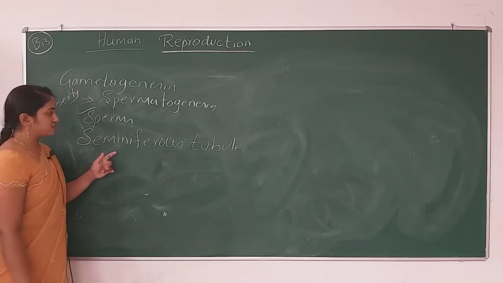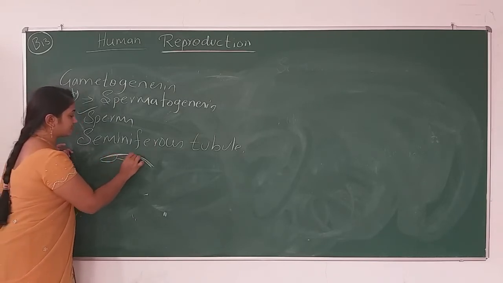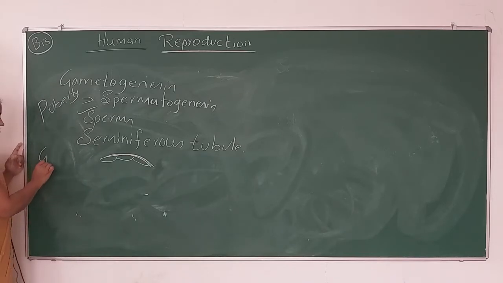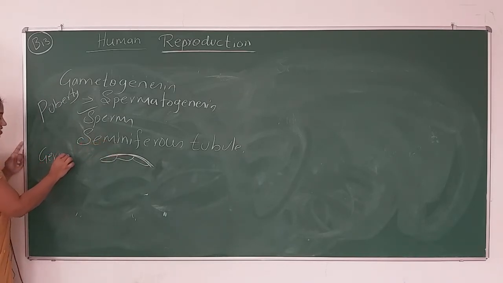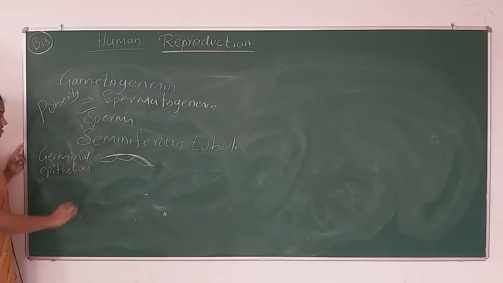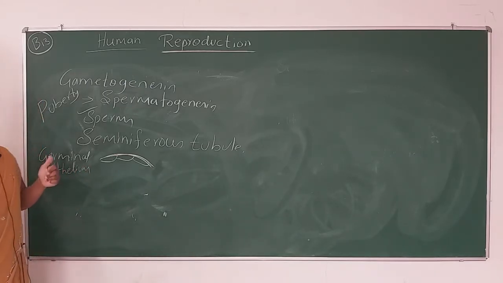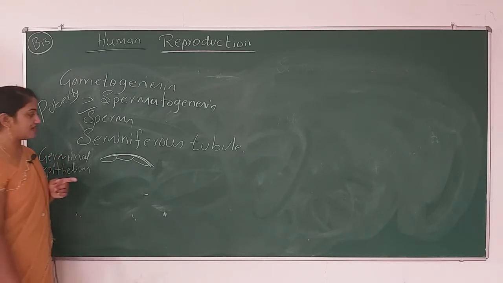The seminiferous tubule is lined by germinal epithelium, which is of two types: male germ cells and Sertoli cells.